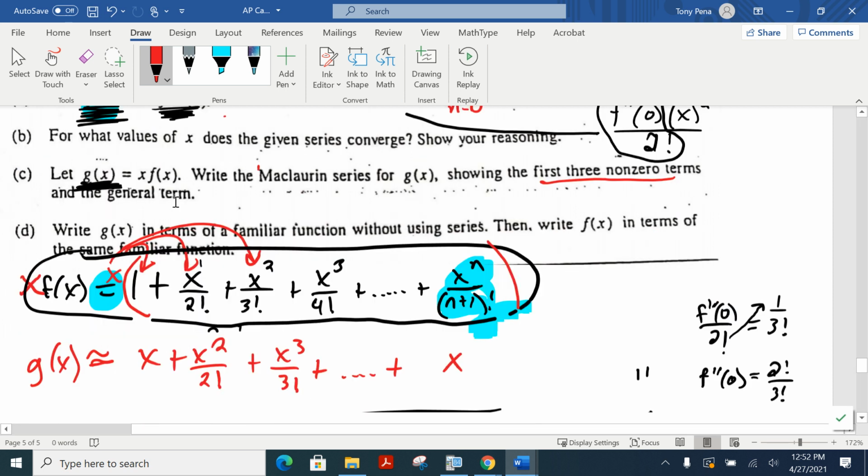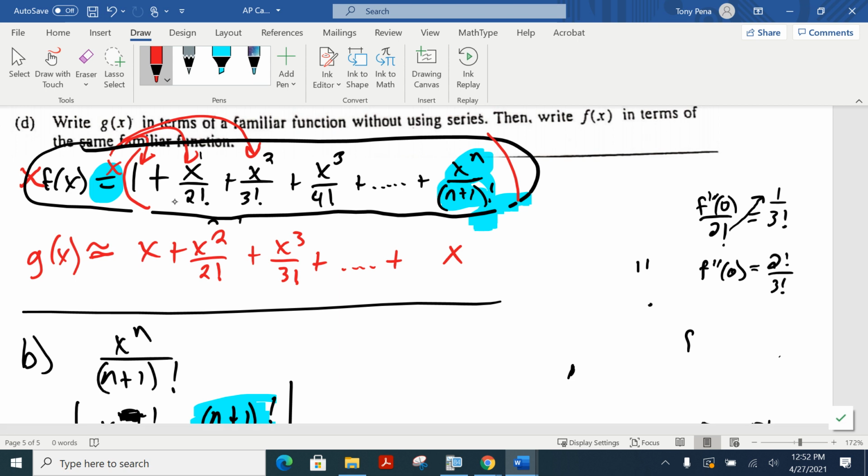So the new one that you're going to create, make sure that if I use 0 as the first n value, it's going to give us these terms and not the n value of 1. Okay, so if I'm going to start with an x and n is 0, this exponent had to have been x to the what? n plus 1.